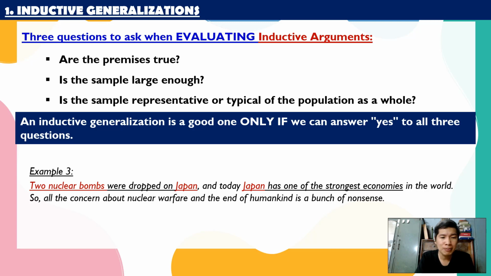Now, 2 nuclear bombs were dropped in Japan, and today Japan has one of the strongest economies in the world. And we say, so all the concern about nuclear warfare and the end of humankind is just a bunch of nonsense. Nuclear bombs are not so serious, because just have a look at Japan. They received 2 nuclear bombs, and now Japan has become one of the strongest economies in the world.